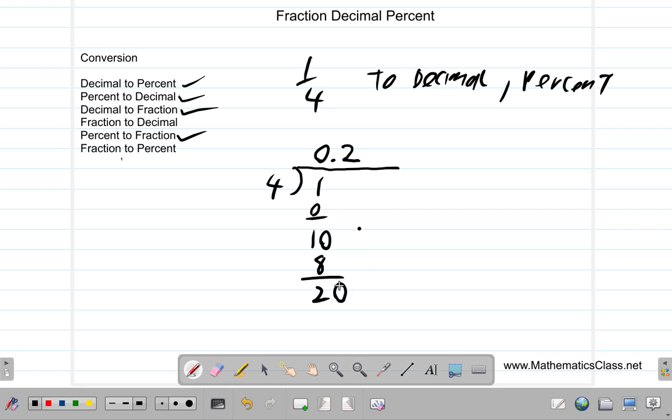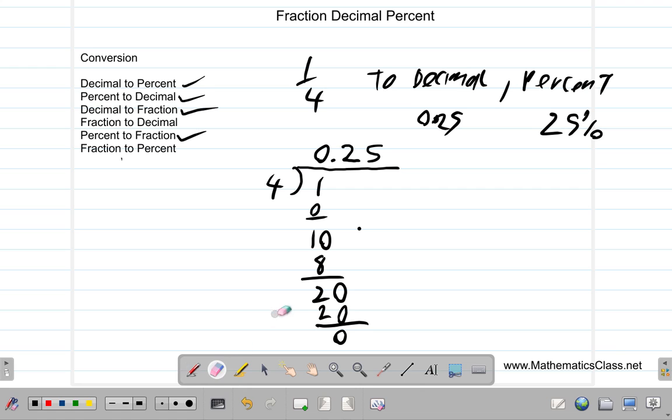Multiply the 2 by 10, you get 20. 4 into 20 is 5. 5 fours are 20. 20 minus 20 is 0. It makes no sense to continue from here. So a quarter as a decimal is 0.25. And as a percentage, when you multiply 0.25 by 100, you get 25%. Alright?